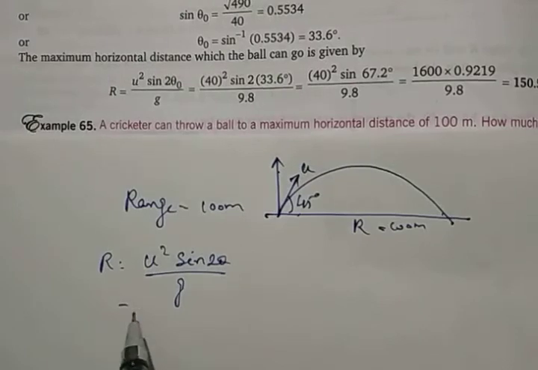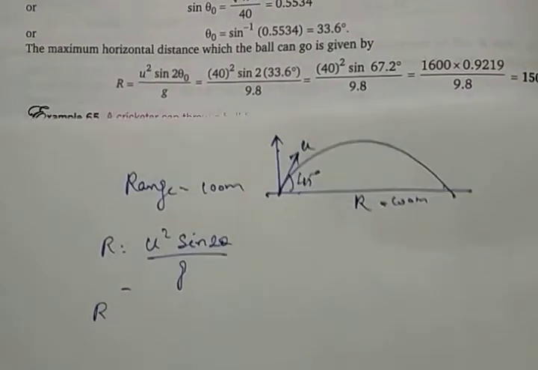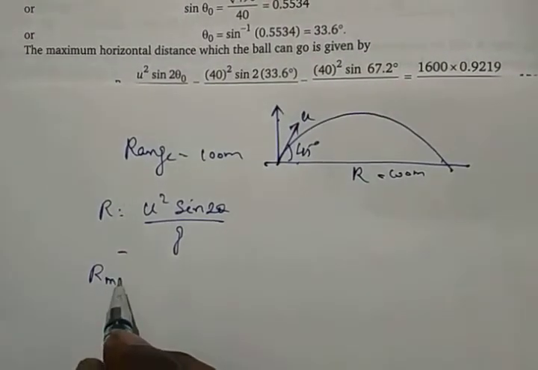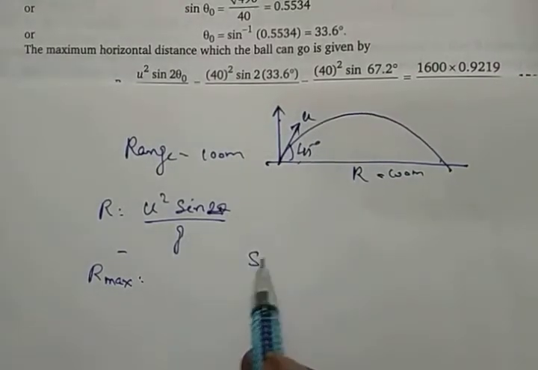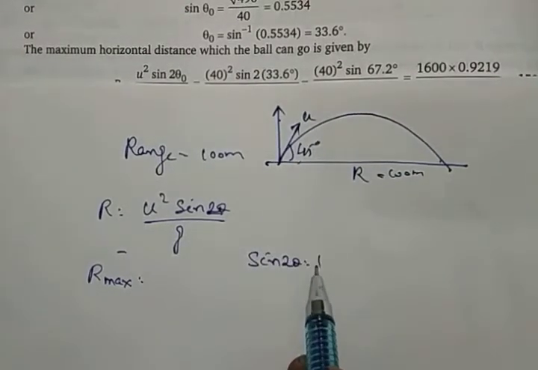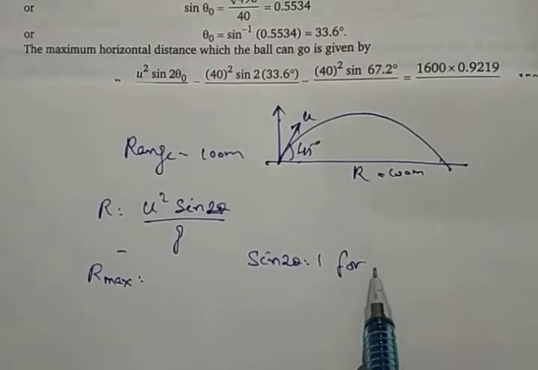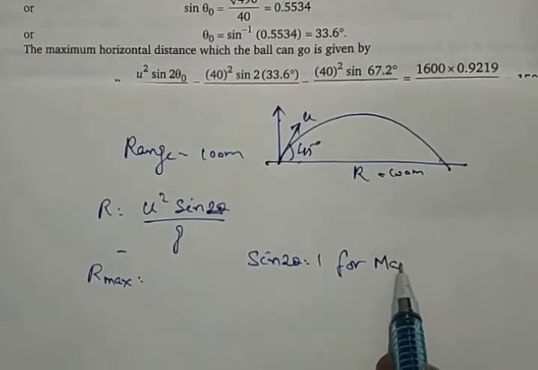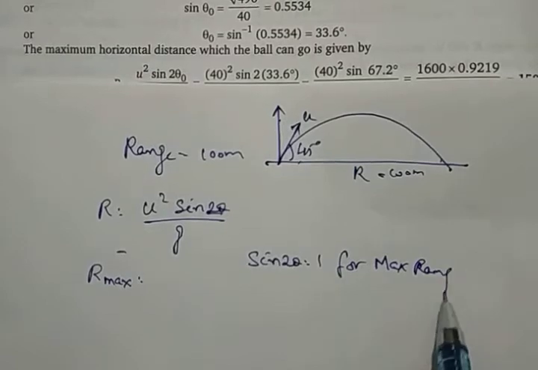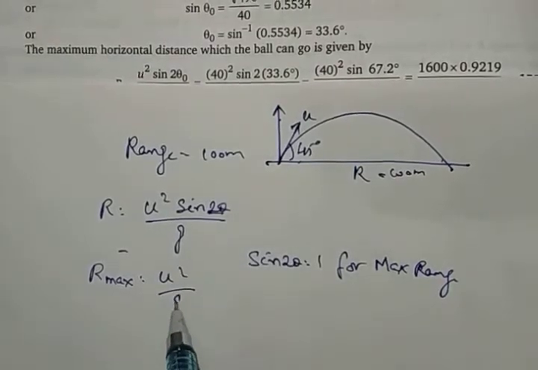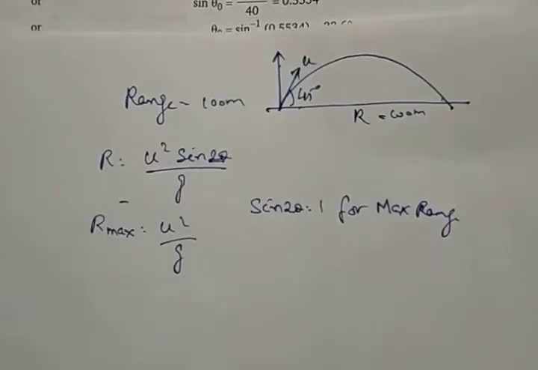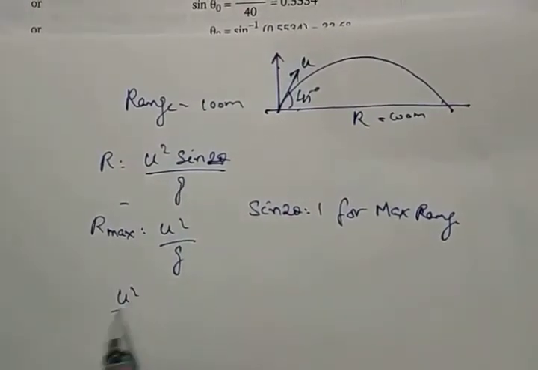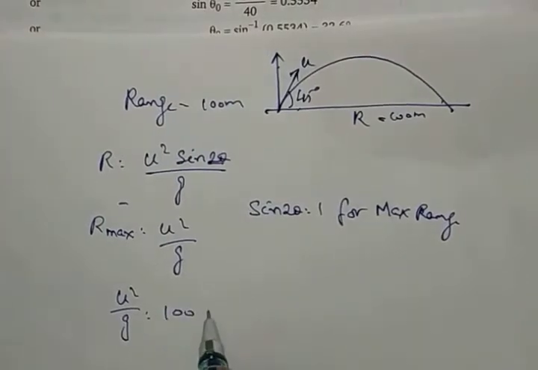Now if it is a maximum range, then sine 2 theta is equal to 1 for maximum range. So it's going to be only u square upon g. Now u square upon g is going to be equal to 100 meters.